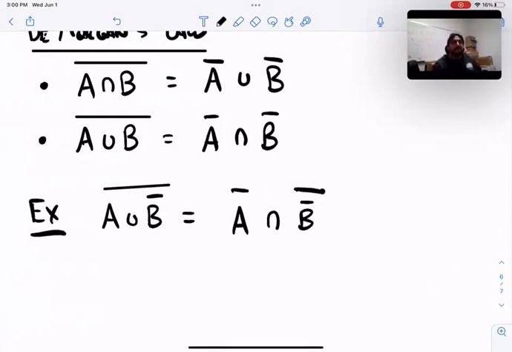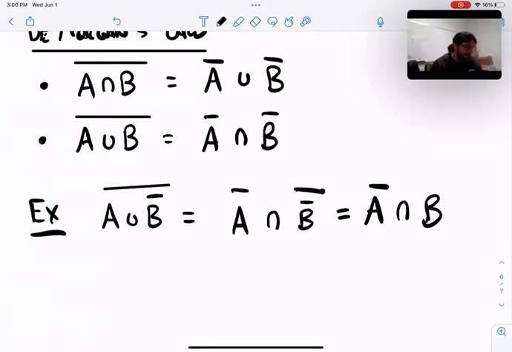And the complement of a complement is just the original set, right? Because I'm saying the complement of B, or all the elements that are not in B, right? So if you want all the elements that are not in the complement of B, that's just B. It's a double negative, right? If you say it wasn't true that I wasn't there, then you were there, right? It's a double negation, and it reverts back to the positive.